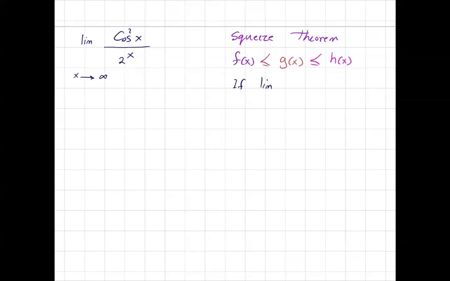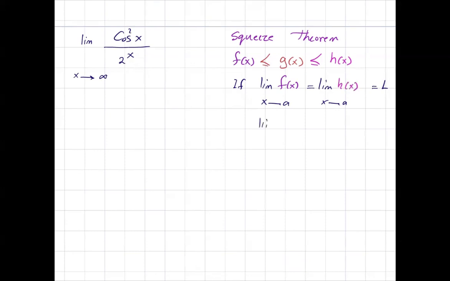the limit of f of x is equal to the limit of h of x as x goes to a, both of them are equal to L, then the middle function has no other choice except for having the same limit.